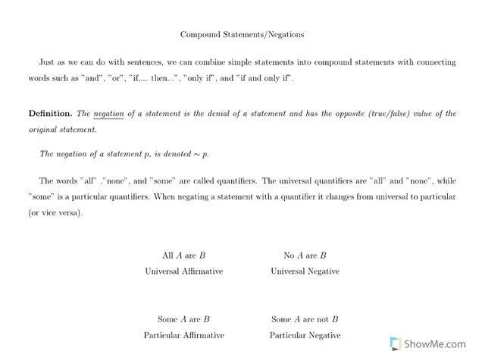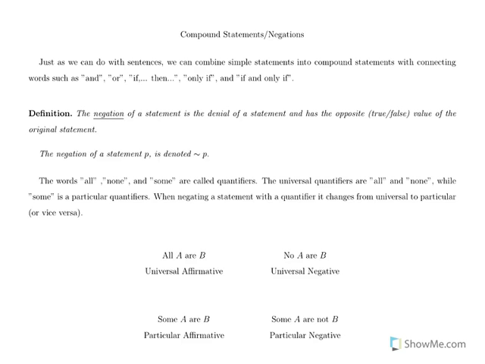Another thing that we can do is negate a statement, putting a not in the statement, making it the opposite. This is also a compound statement, even though it's kind of its own special thing because we're not really putting two ideas together, but really just changing one of the ideas. So the negation of a statement is the denial of a statement and has the opposite true false value of the original statement.